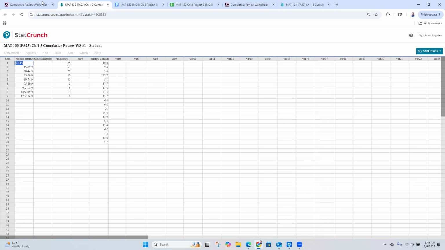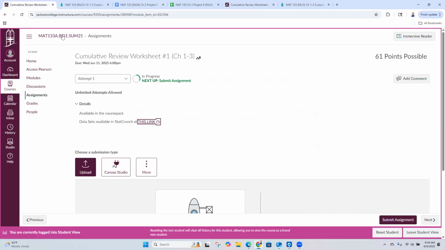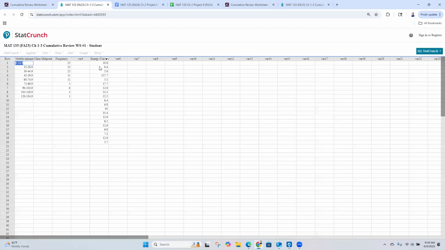So again, I went to Canvas, I clicked on cumulative review worksheet, clicked on this for StatCrunch. It brings me here, and here's my energy consumption for this question. Okay. These over here were for question number 2, right? The project one. Okay. So they're not related to this column.